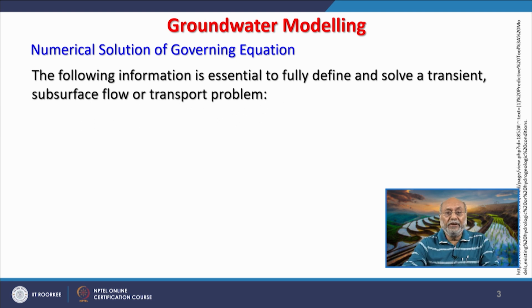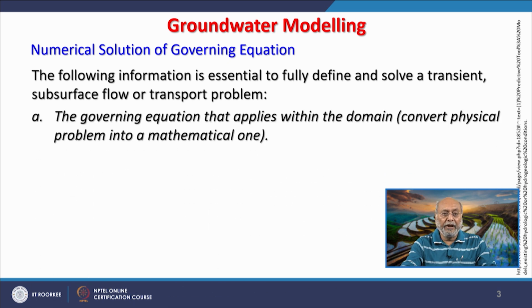So, this is the information essential to fully define and solve a transient subsurface flow or transport problem, and transient here means only for that time which we will have in our model. So, t is there along with x, y, z. Because we are concerned only with groundwater modeling, it has to be subsurface flow or transport problems if there are any.